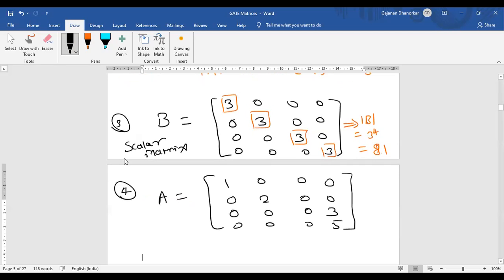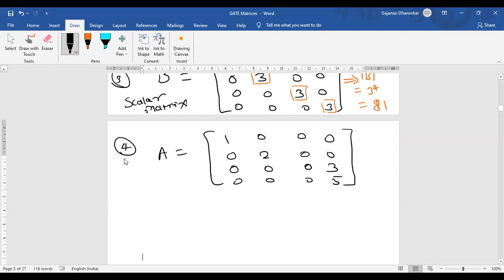Okay, this is a triangular matrix. All these are the diagonal. Because below the diagonal, the elements are 0. What is the determinant of this matrix? Who will tell me? Anybody?